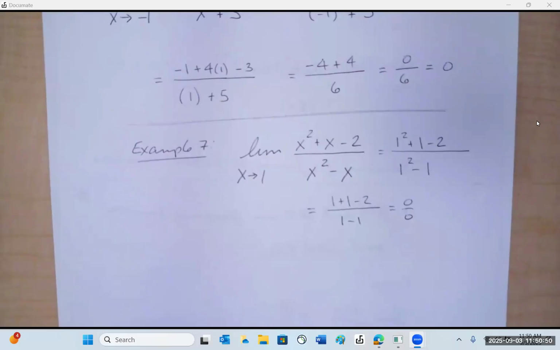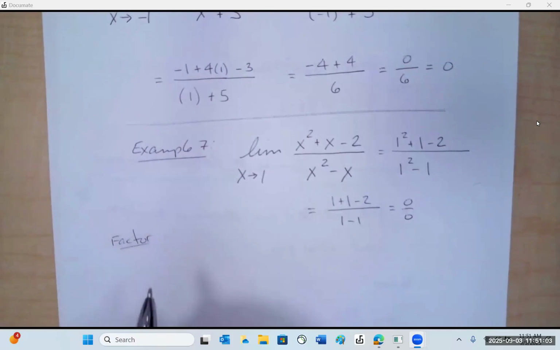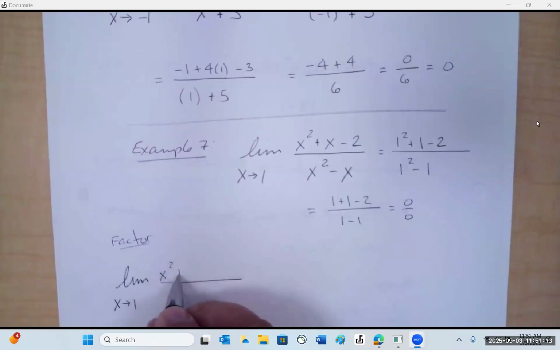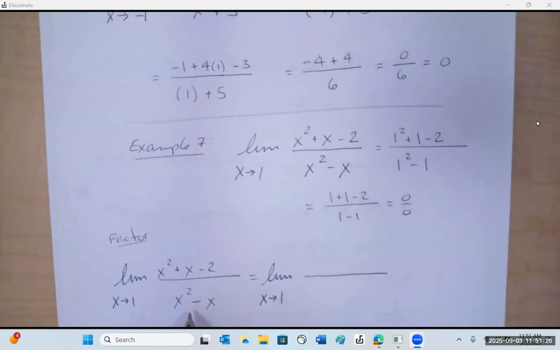The first thing we always want to do, whenever you have polynomials, always do what first? Factor them first. So we have the limit as x approaches 1 of x squared plus x minus 2 over x squared minus x. What does the bottom factor into?